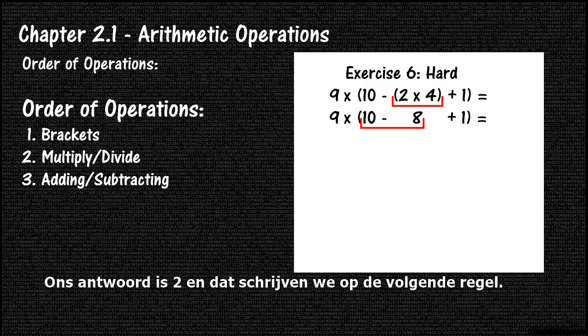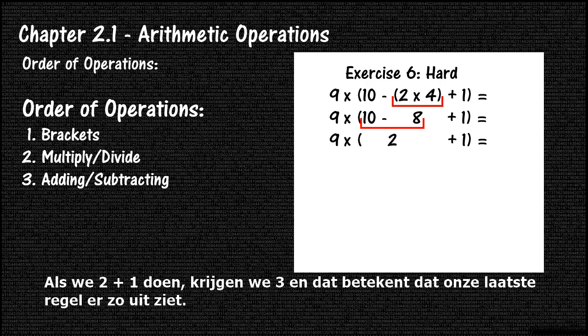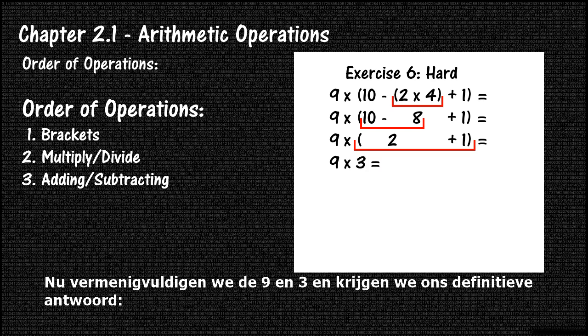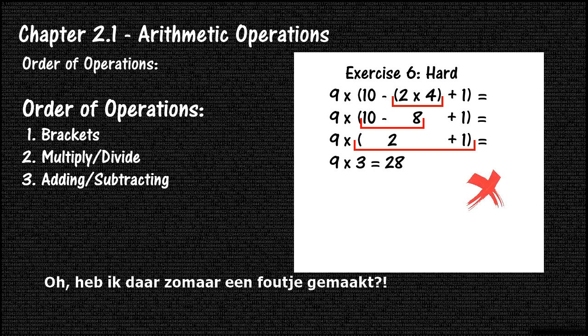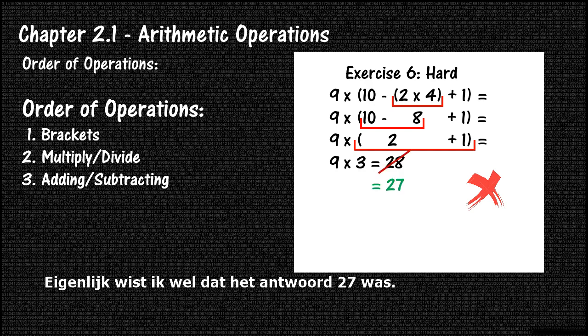Our answer is 2, and we write that onto the next line. Adding 2 and 1 gives me 3, so our final line should look like this. Now we just have to multiply the 9 and the 3, and we get our final answer, 28. Oh, did I make a mistake? Actually, I knew the answer was 27.